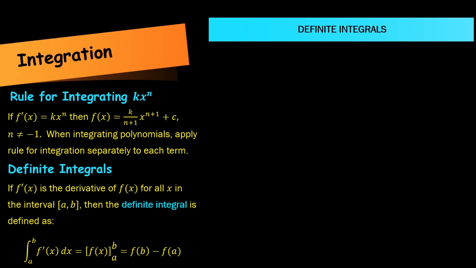For definite integrals, if f dash of x is the derivative of f of x for all x in the interval ab, then the definite integral is defined as integral from a to b f dash of x dx equals, in square brackets, f of x between limits a and b, which equals f of b minus f of a.